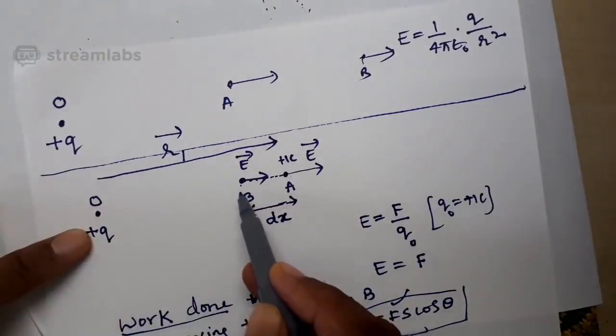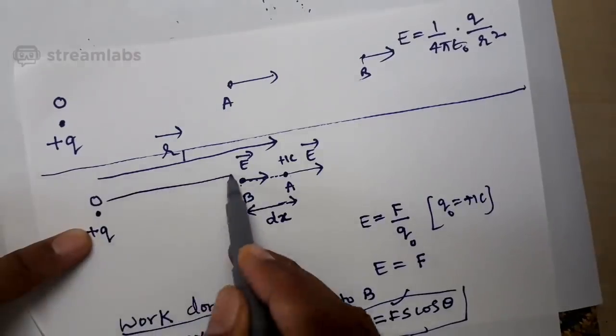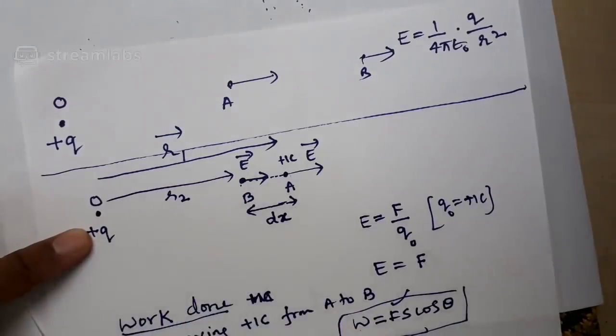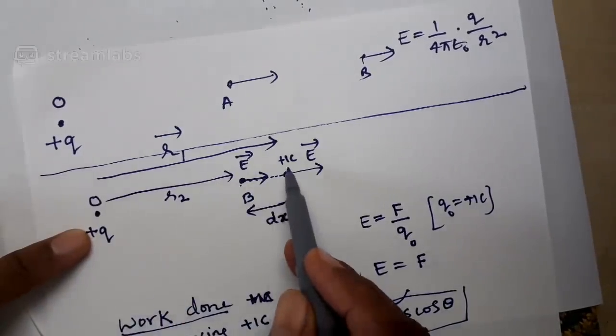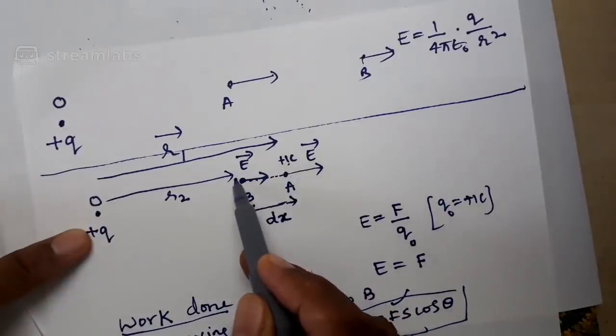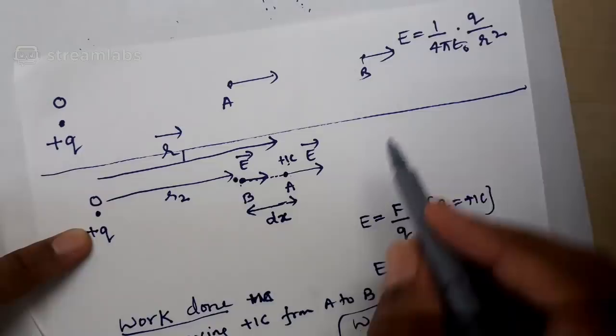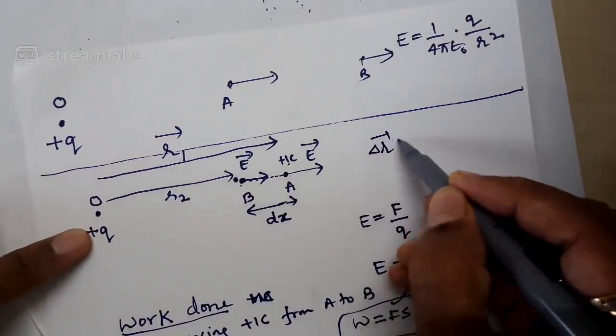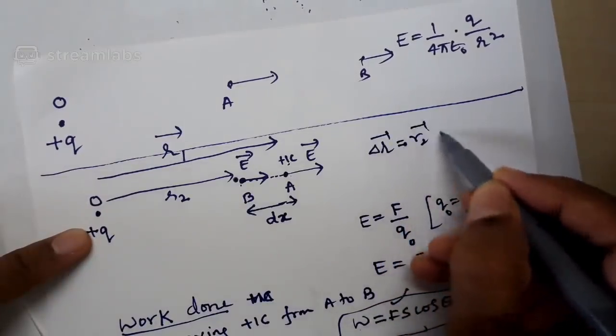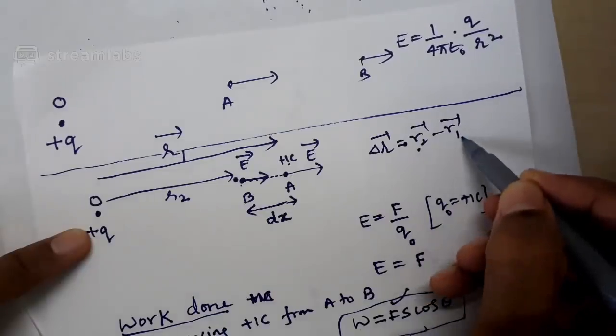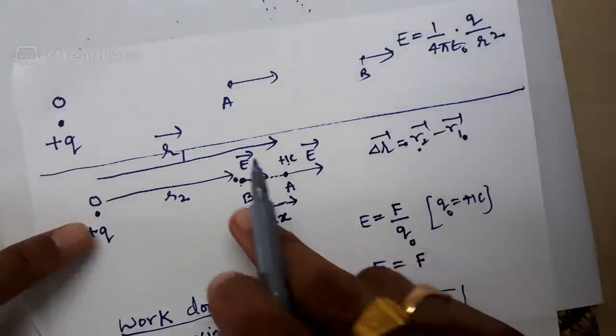Finally the plus 1 coulomb charge should be brought to B. That time let us assume the position vector as R2 vector. Plus 1 coulomb charge was brought from A to B. The displacement delta R vector is equal to R2 vector minus R1 vector, final position vector minus initial position vector.